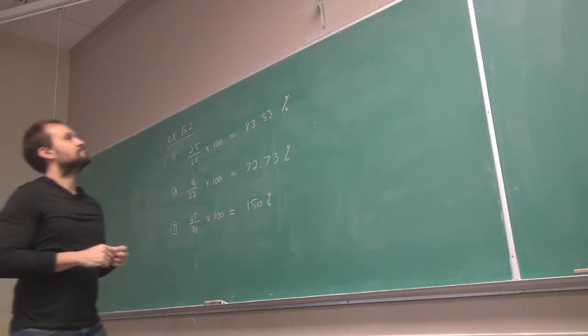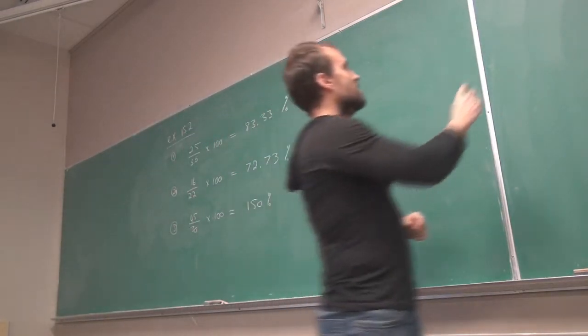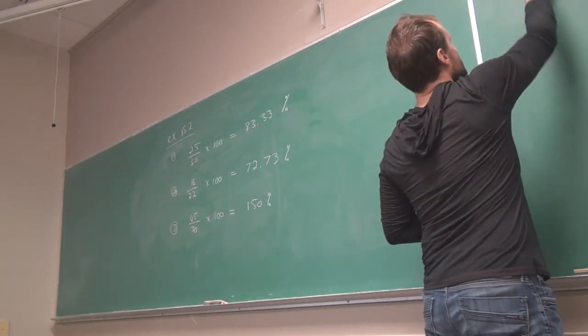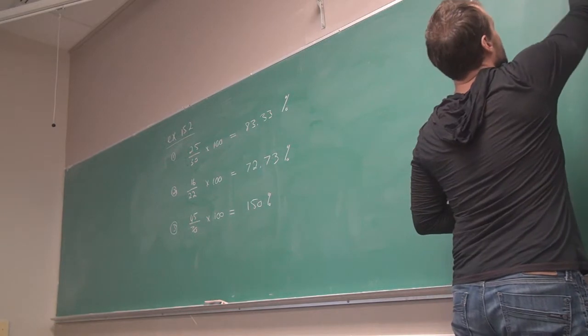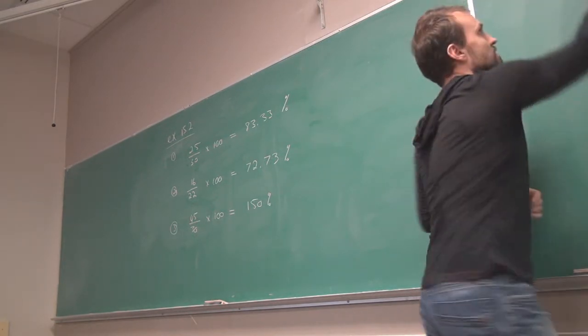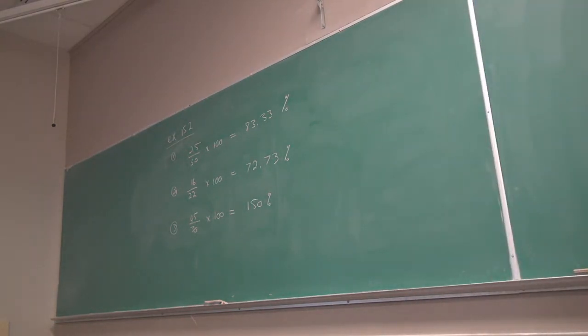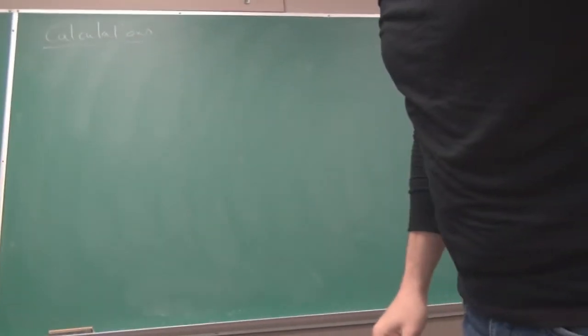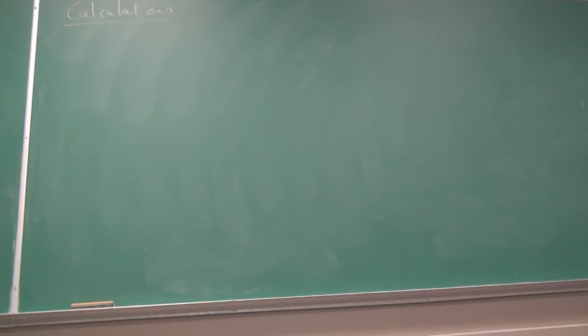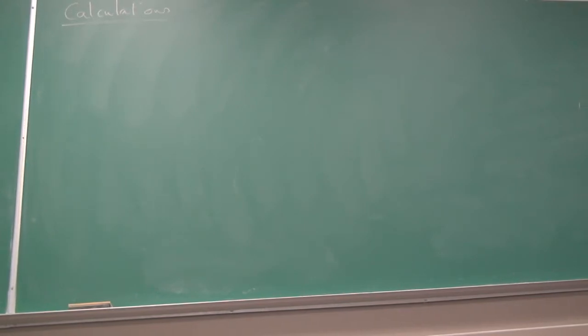All right. Now, there are different calculations, not many, like 3, when I work with percentages. And I have to be comfortable with the difference between them and what to do in different situations. What are the different calculations?